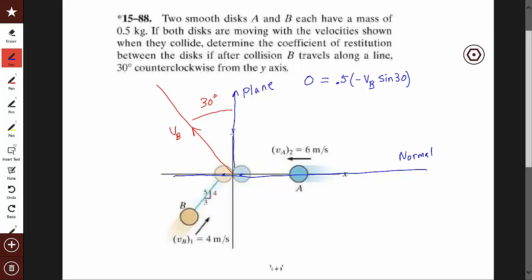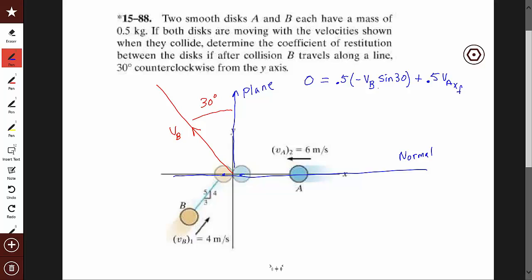After the collision, I don't know what A is doing, but I'll say that in the normal direction, I think he bounces back to the right, so that would be a positive 0.5 times the velocity of A in the x direction, and we'll say final right there.